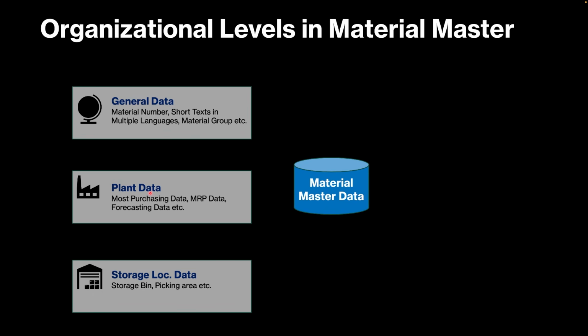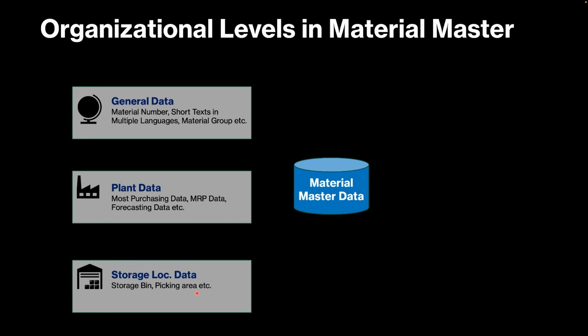Then at the plant level, you maintain the purchasing data, MRP data, forecasting data, etc. And at the storage location level, you maintain the storage location relevant data, that is the storage bin, picking area, etc. So you can see for any material master, you have these three levels. When you will be selecting the views, which we discussed in our previous slide, those views will come up with various organizational elements.